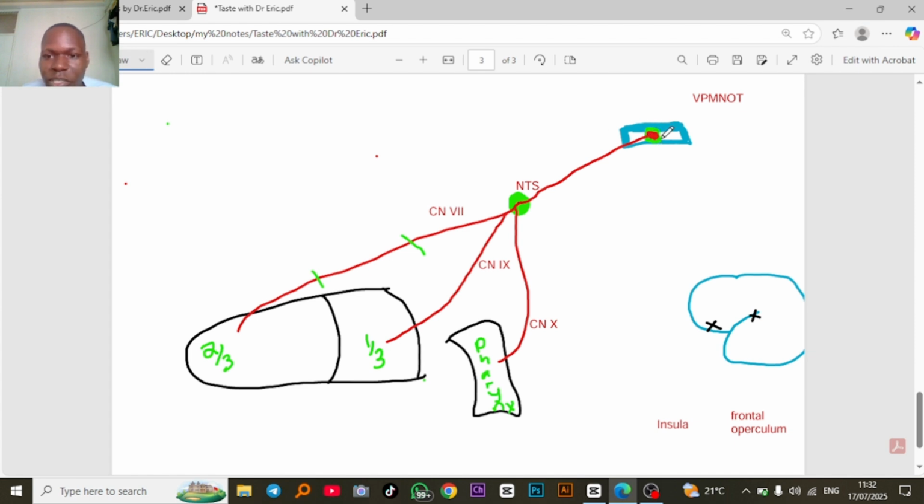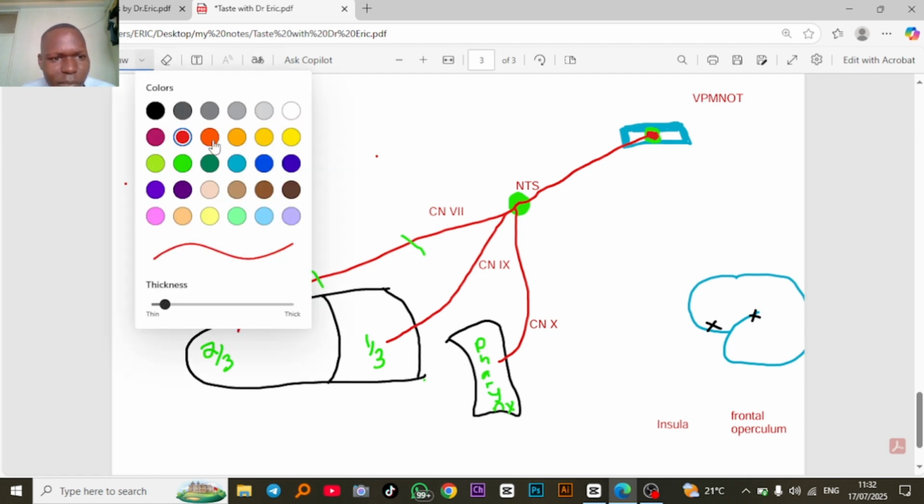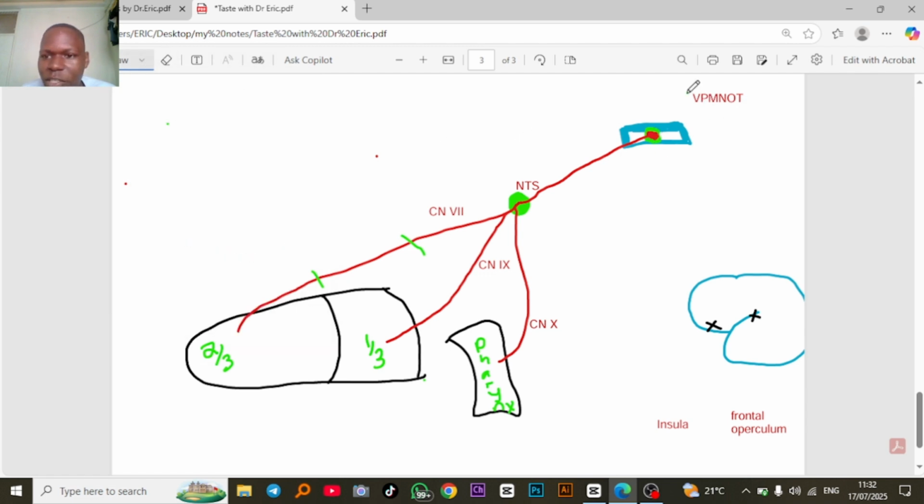It will be taken to the thalamus and to a specific region, which I summarized as the VPM nucleus. In full, it's the ventral posterior medial nucleus of the thalamus. That's where this information is relayed. The whole thing is the thalamus, but the specific region where the information will go is the VPM nucleus.